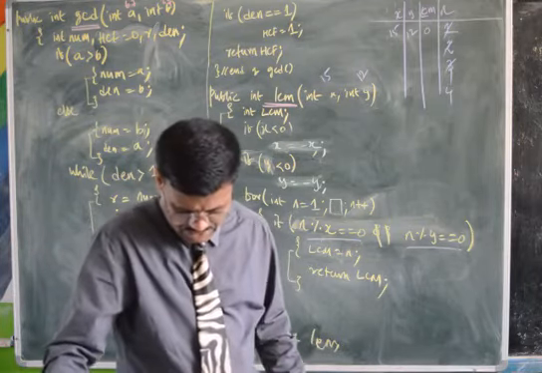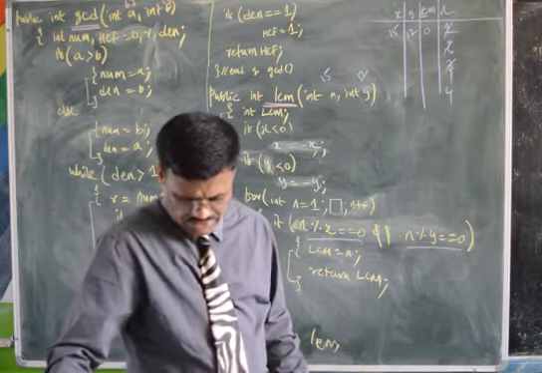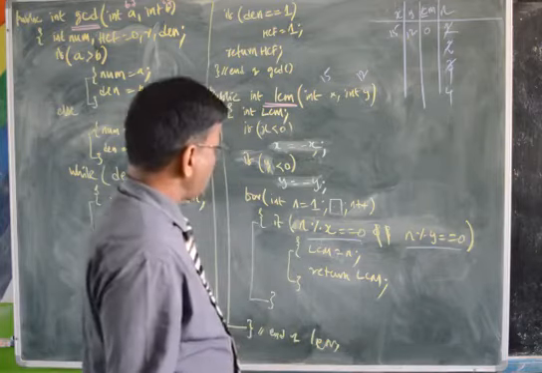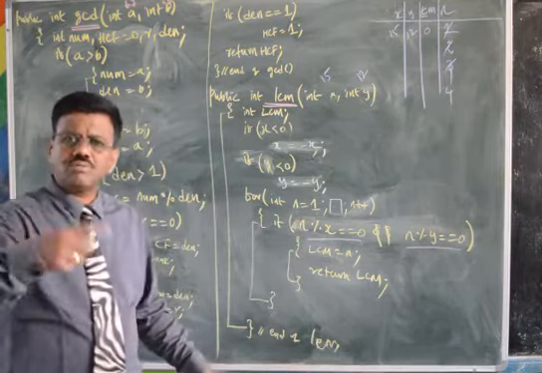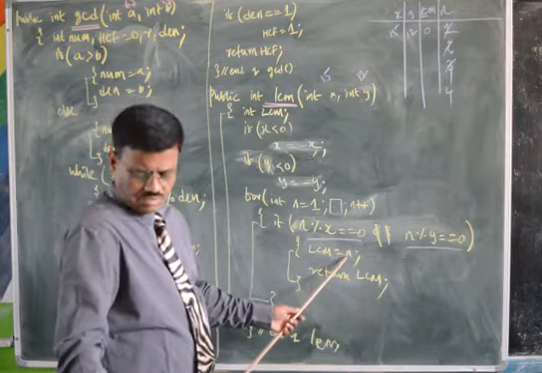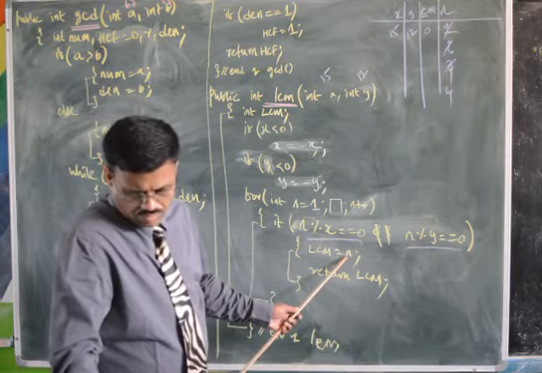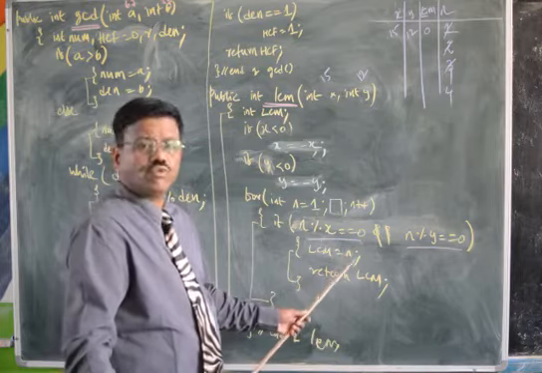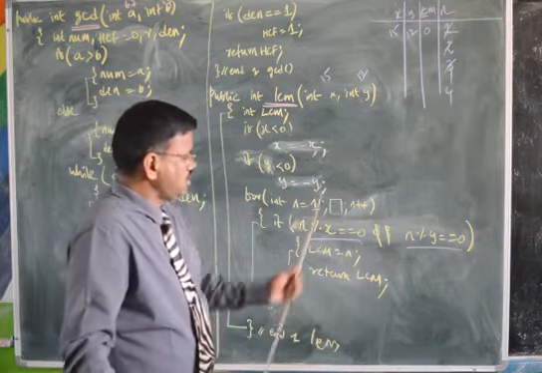They have given 67 and 23. It will keep finding out. At last it will find the value of LCM, which will be 1541.